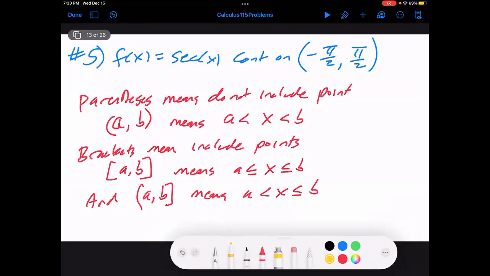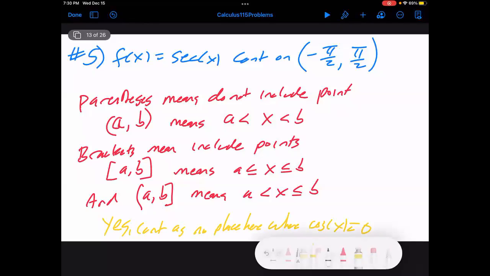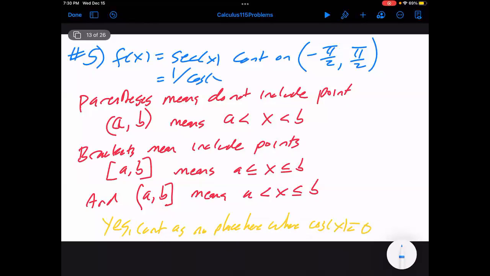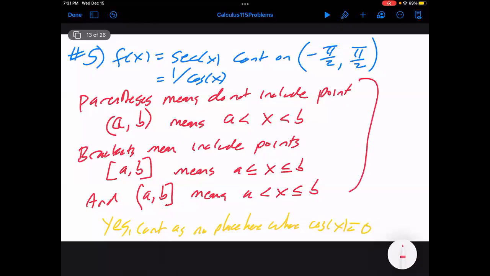Yes. It's continuous as there is no place where cosine x is 0, because our function is just 1 over cosine x. So the function will be continuous. The key part here is the notation. This is extremely valuable notation.